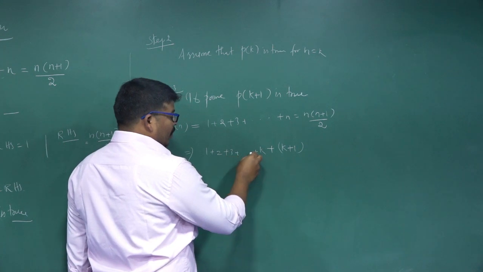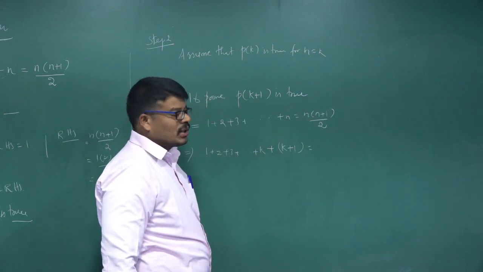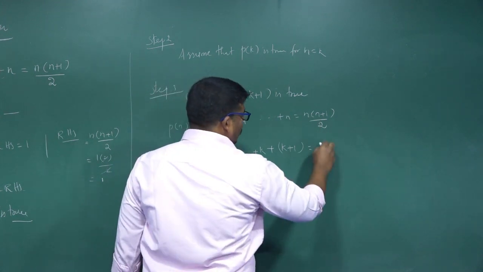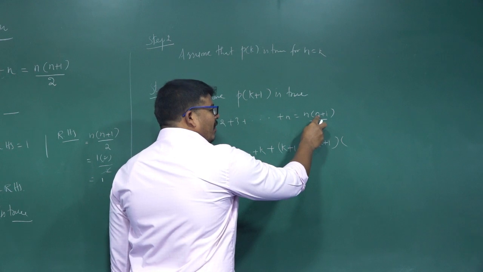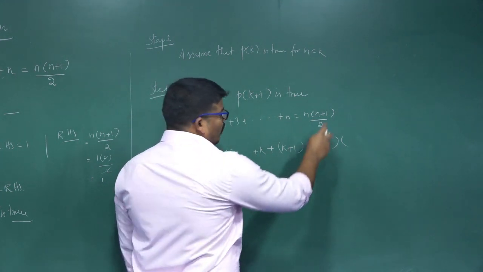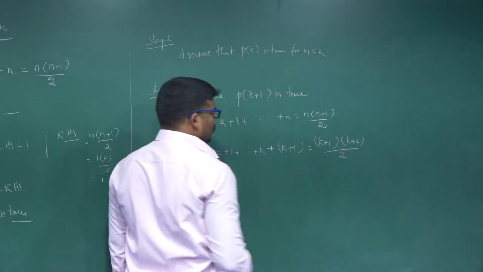On the right side, put n as k plus 1: k plus 1 into k plus 1 plus 1, which is k plus 2, divided by 2.